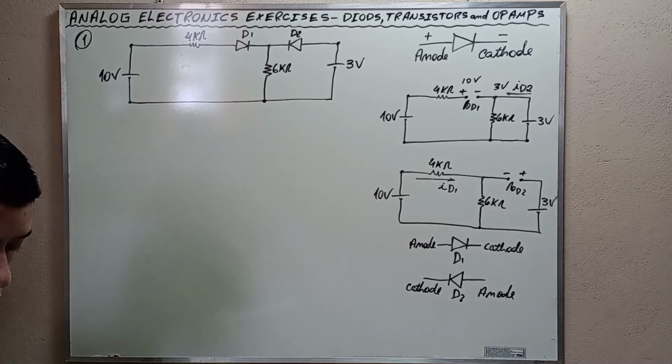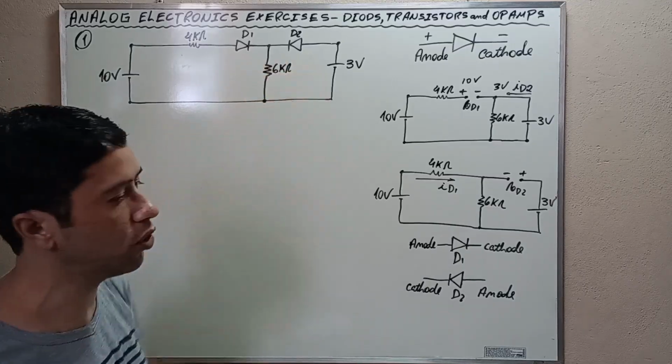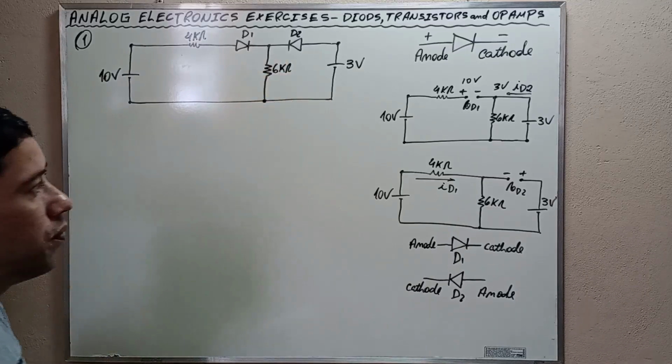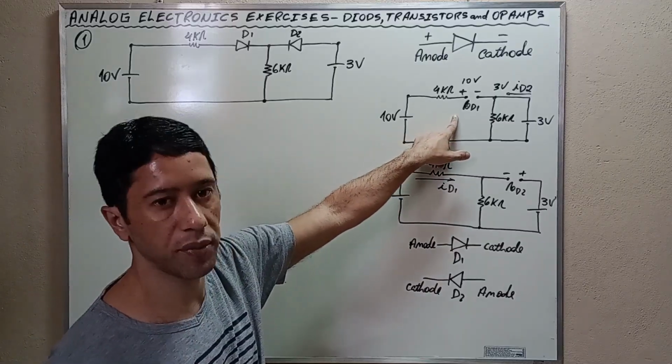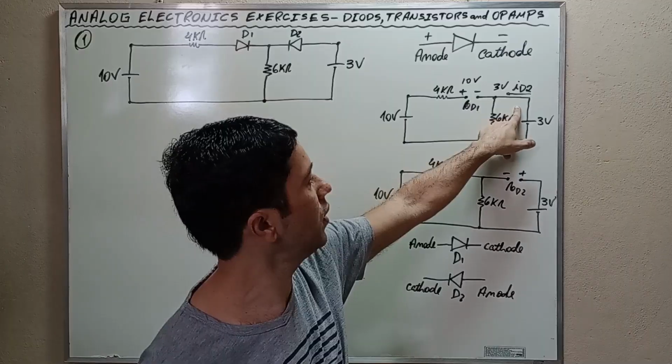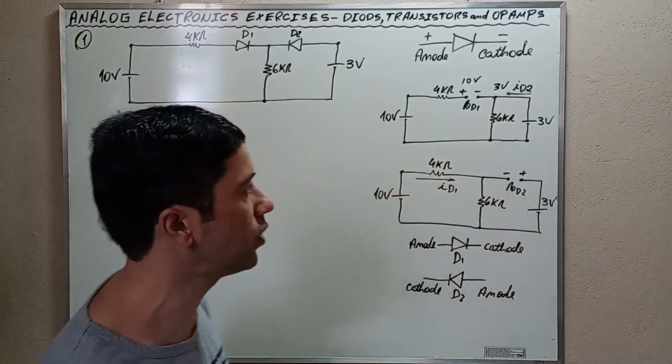Let's start by assuming that D1 is off and D2 is on. What does it mean? It means that the branch of D1 is going to be open, and in the branch of D2 there will be current, okay?